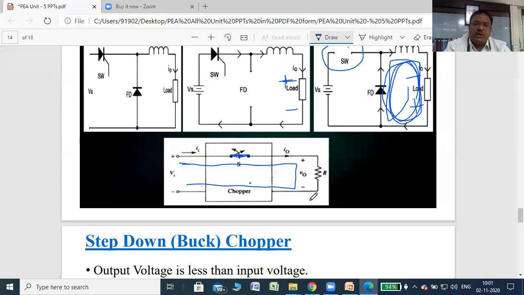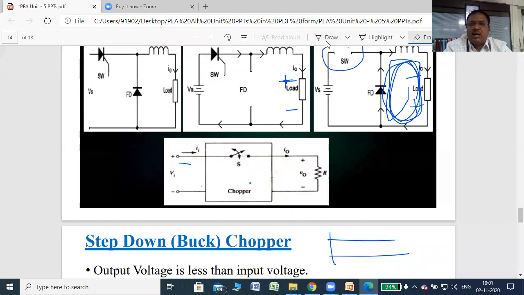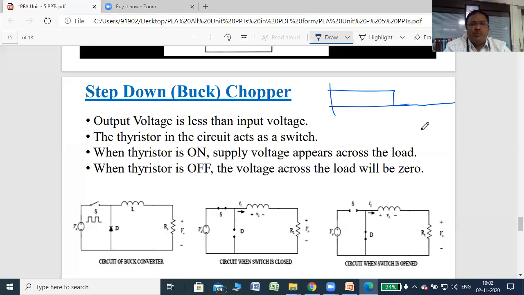So that time the output voltage is equal to the DC voltage, which is equal to the supply voltage, right? If the switch is open, then the current will be 0, because after this switch current will never flow. So the output voltage is equal to 0, and like this. Okay, so this is a simple working of a chopper.